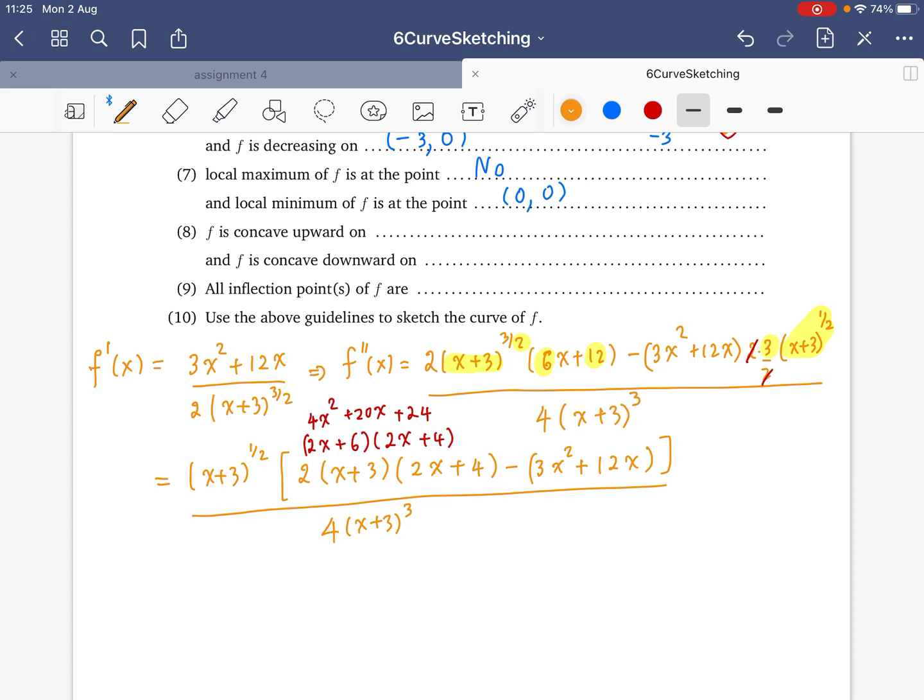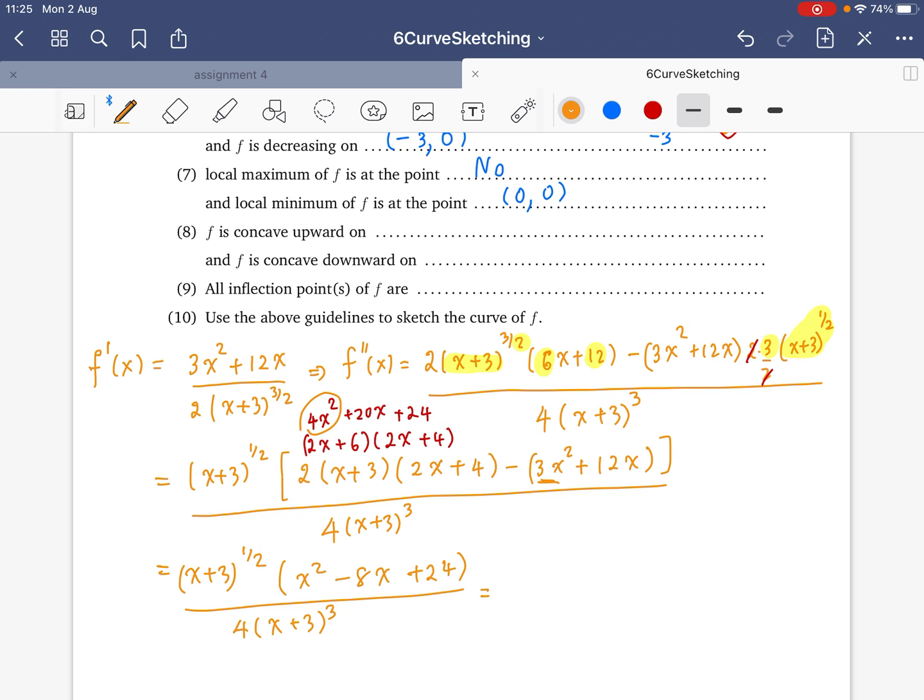So altogether, with the one here, we have x plus 3 raised to the power 1/2. You got x squared, because you have this one together with that subtraction, and then subtract by 12, you have 8x and 24, and then over 4 and x plus 3 cube.